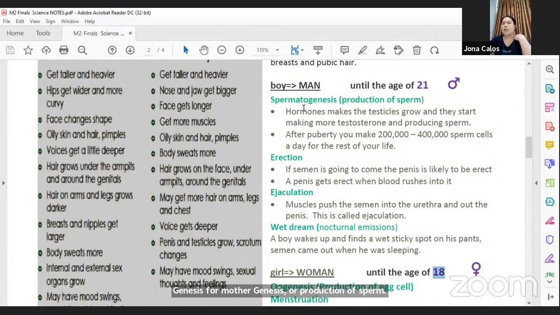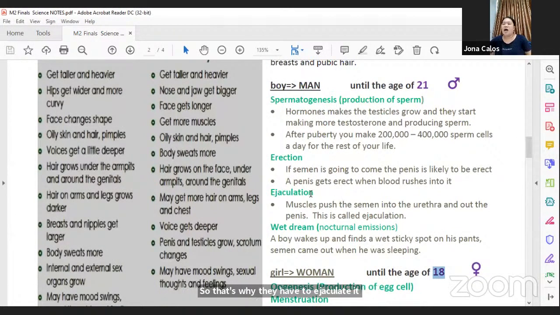Since they are already producing sperm, it will not stay in their body. It has to be flushed out, because if it's not going to be used, it will just stay there and spoil. That's why they have to ejaculate it.